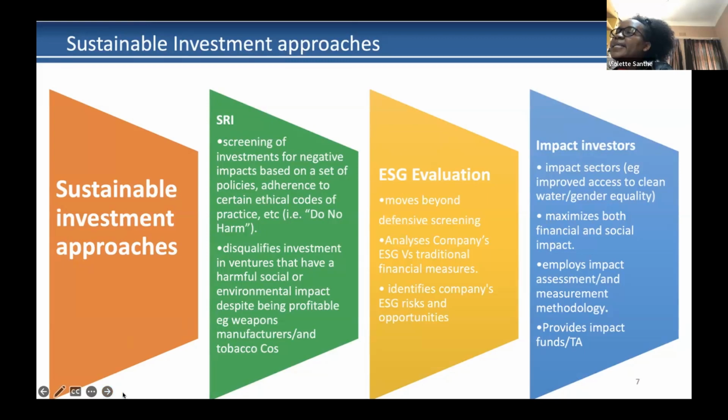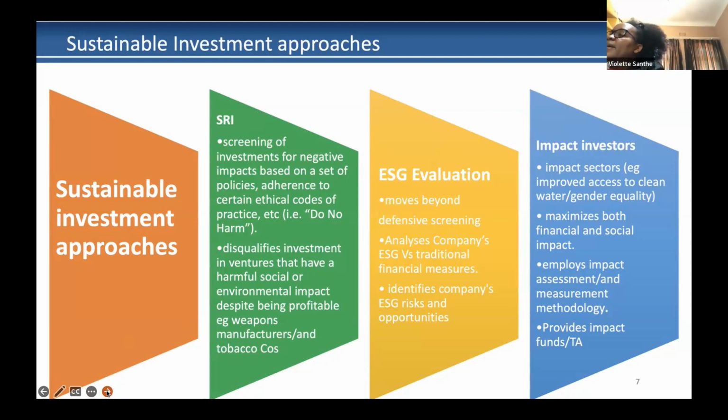And lastly, the approach we are going to look at, and which is also going to form a bulk of what we are going to discuss, is impact investing. So impact investors particularly are interested in impact sectors, for instance, improved access to clean water and also gender equality as examples. Impact investors also channel investment allocations in those particular issues to maximize both financial and social impact.